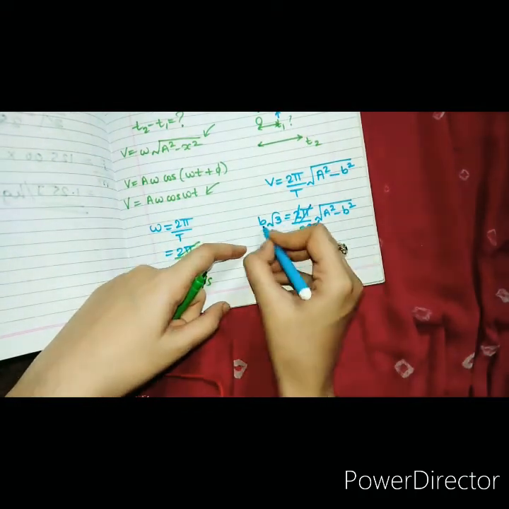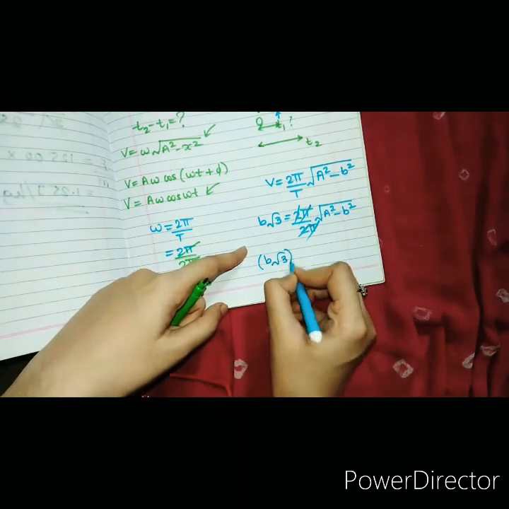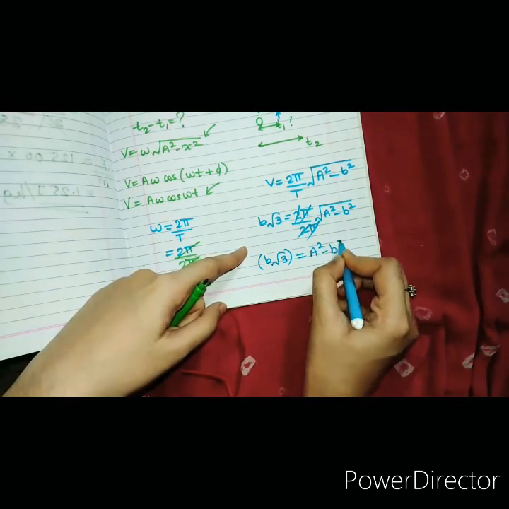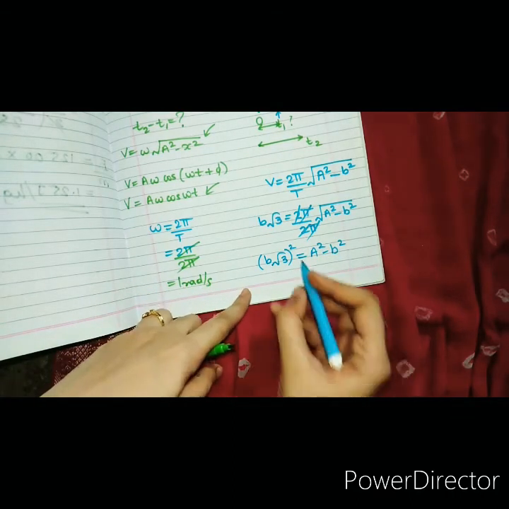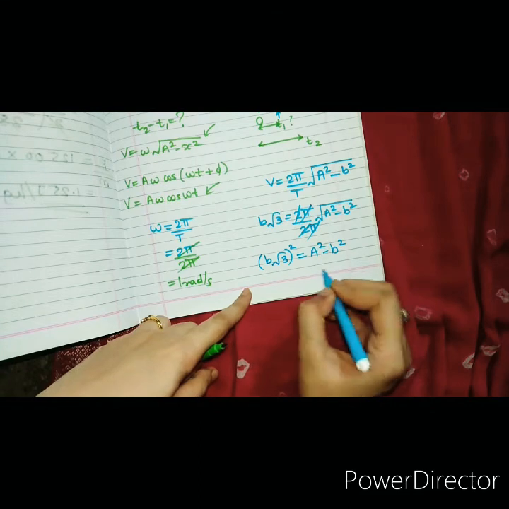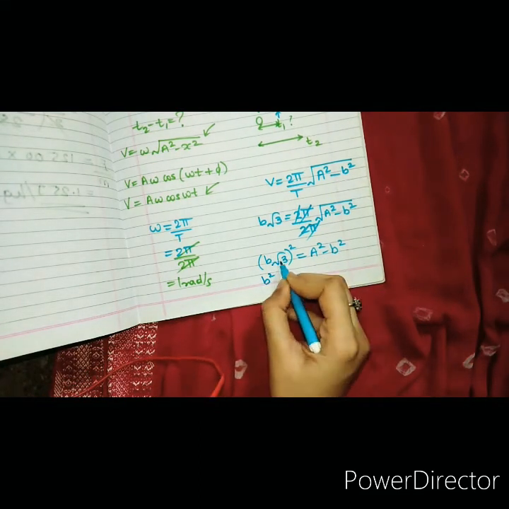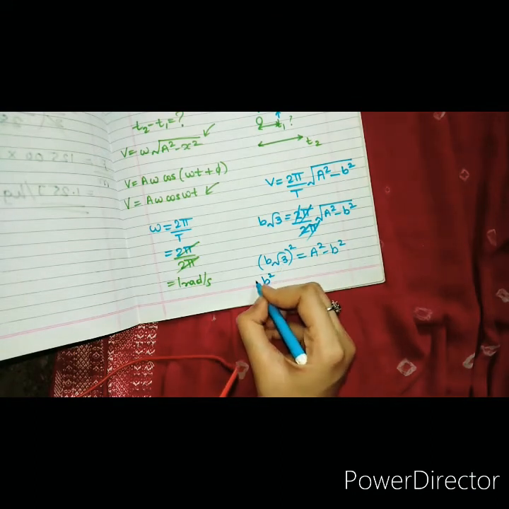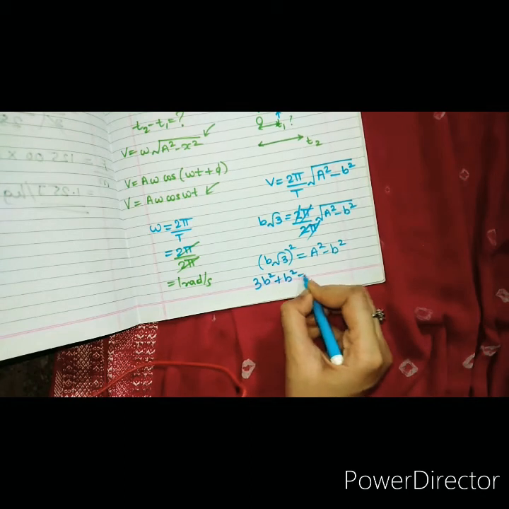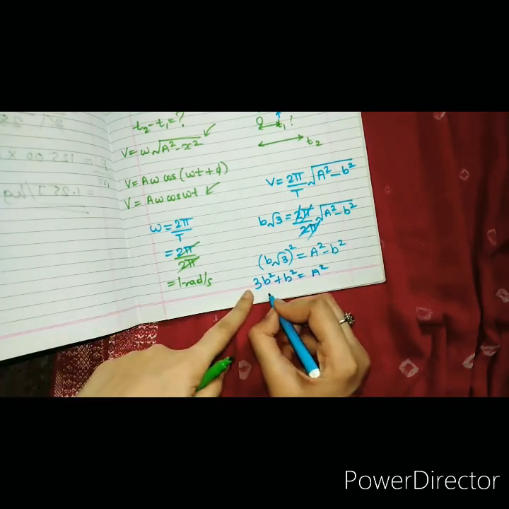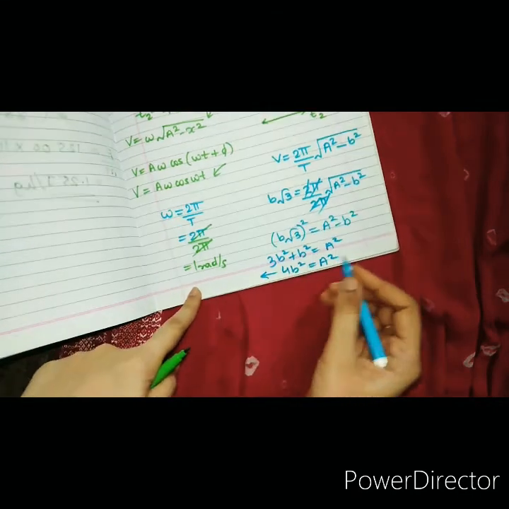Okay, your wish. So what we have now is b root 3. I'll be taking the square root over here, so that will become 3b square equal to a square minus b square. I can take this minus b square over here, that will become plus b square, and that will give me a square, that is 4b square equal to a square.